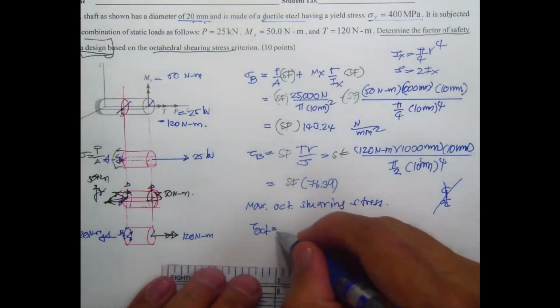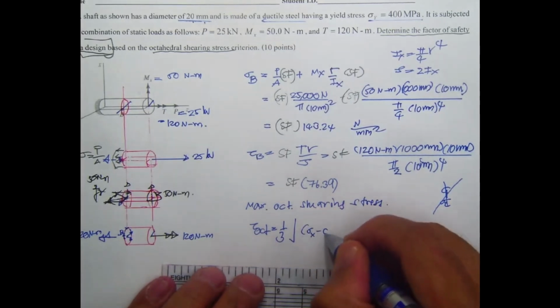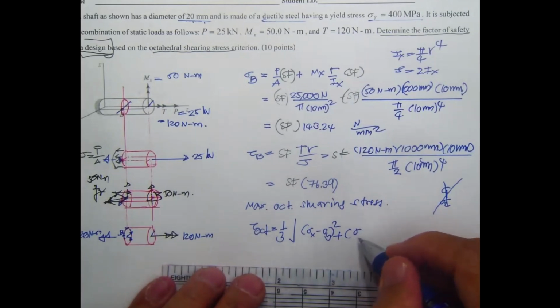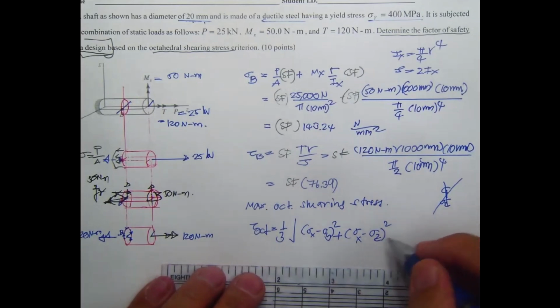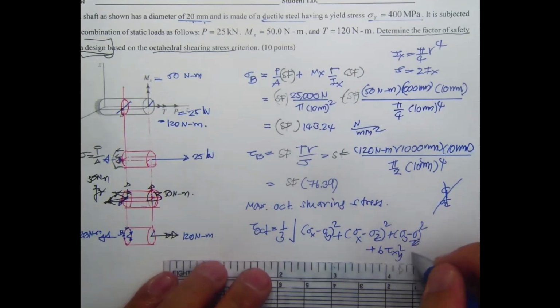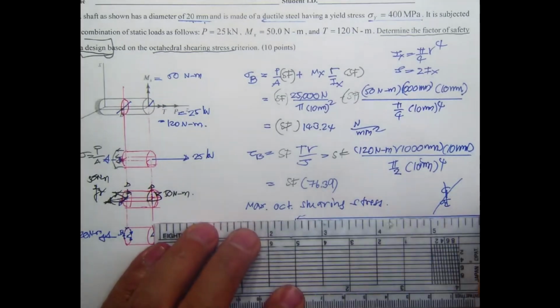So it's going to be 1/3 square root of sigma x minus sigma y squared, plus sigma x minus sigma z squared, plus sigma y minus sigma z squared, and then plus 6 tau sub xy squared, plus 6 tau sub xz squared, plus 6 tau sub yz squared.